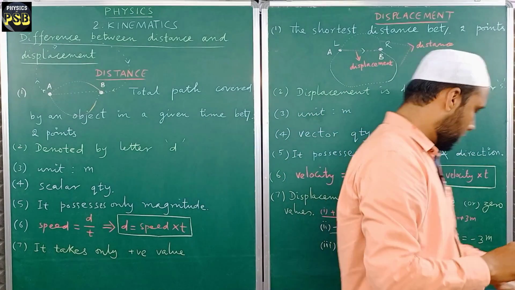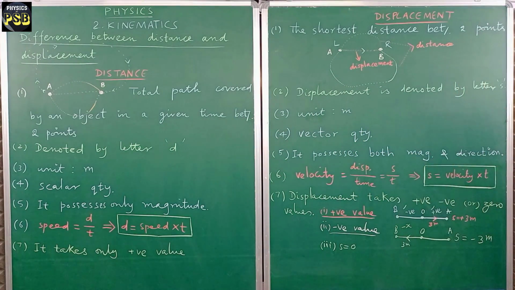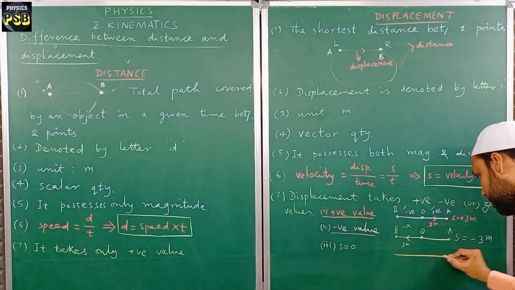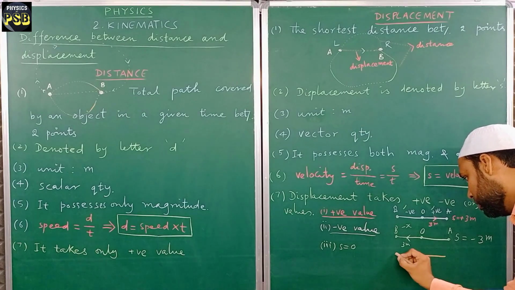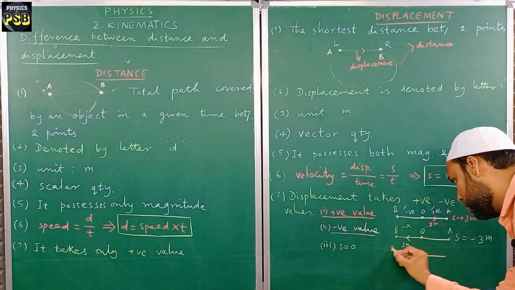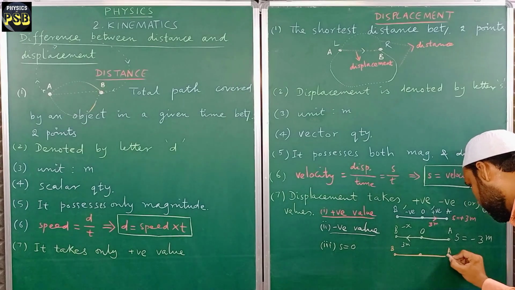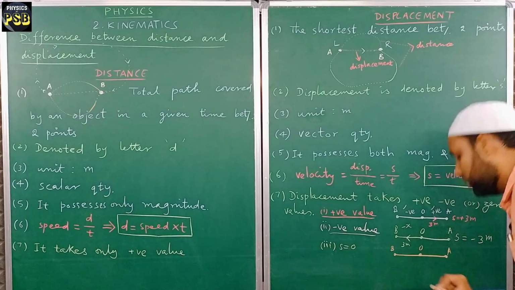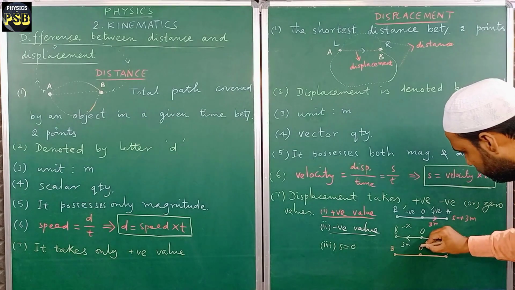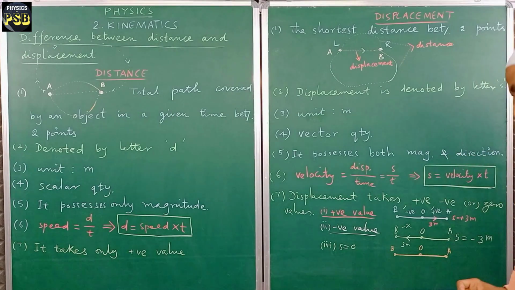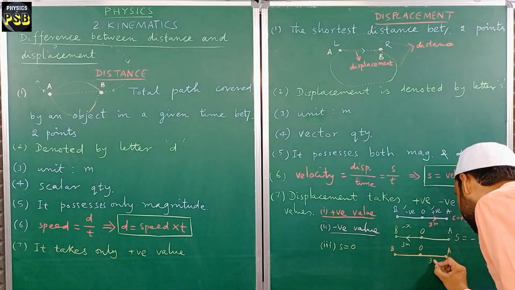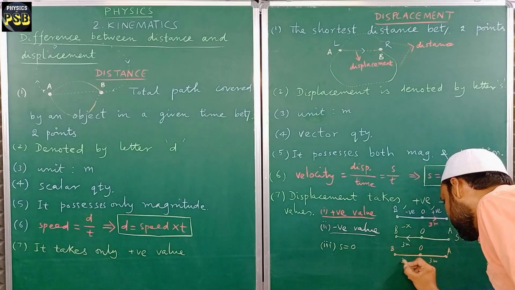See, suppose I take the same thing. So B is going to A. This is origin. Now suppose an object starts from O. Here the distance is 3 meter between O and A, and here also it is 3 meter.